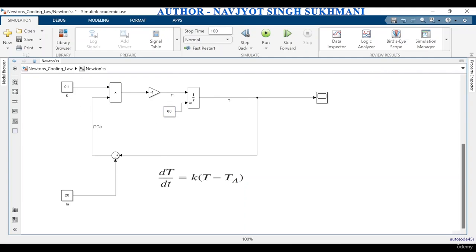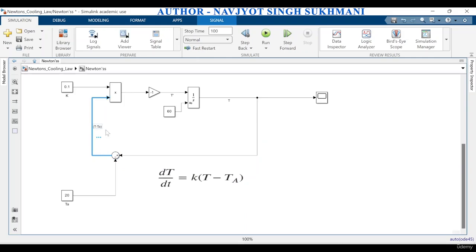This is k into (T minus Ta). Where am I getting T minus Ta from? Here I am getting the integrator output as T, and this is my Ta. I use a subtractor here, plus and minus, which performs the T minus Ta operation.